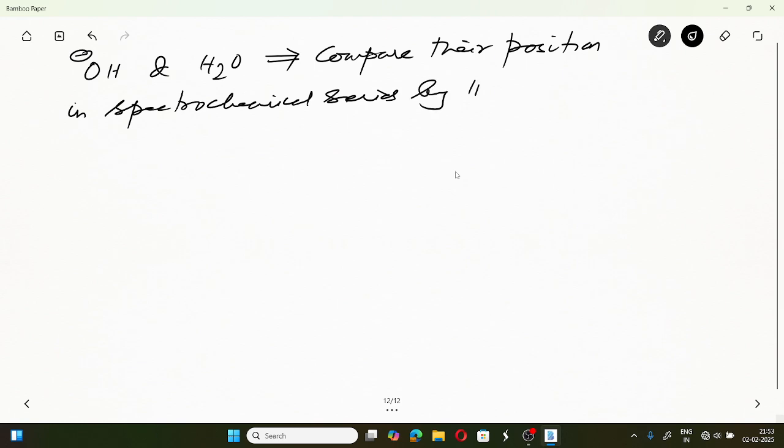By pi bonding. তোমাকে যদি বলা নাও থাকে, you have to explain it in terms of pi bonding. So compare their position in spectrochemical series by pi bonding.